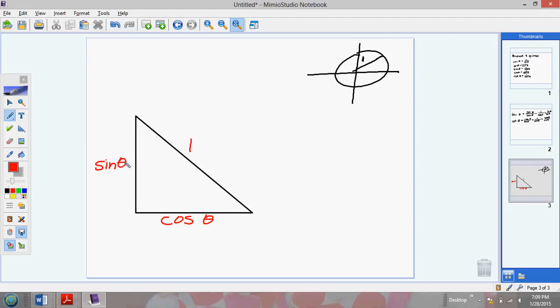And so now I have this way of creating this Pythagorean identity. If I square one leg and I square the other leg, then it equals 1, right? So it's going to say sine squared of theta plus cosine squared of theta equals the length of that hypotenuse, or 1 squared, right?